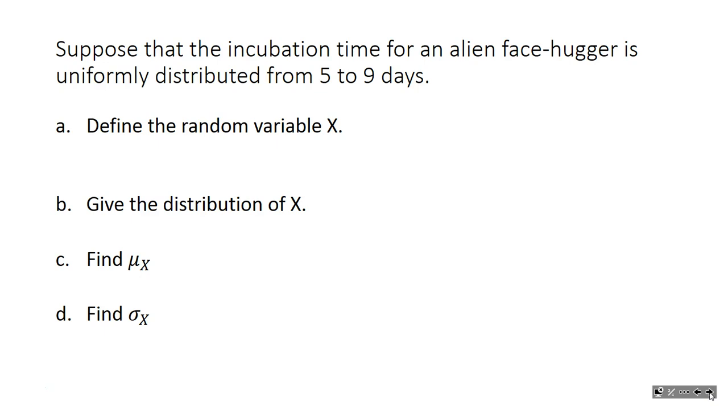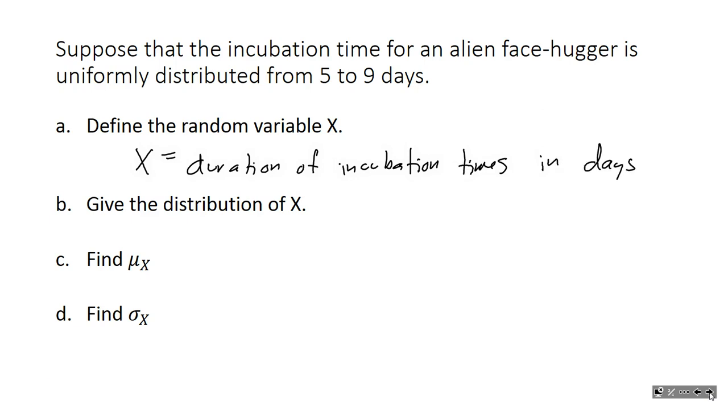First of all, let's define the random variable x. Okay, well, looks like we're looking at incubation time, so our random variable would be the duration of incubation times, and it's given in days.